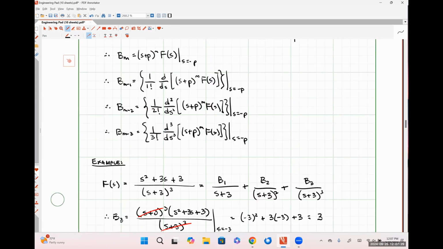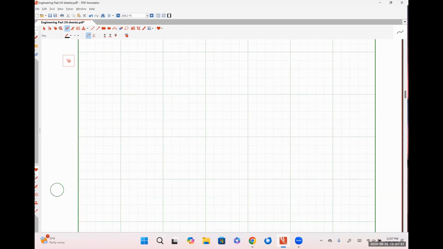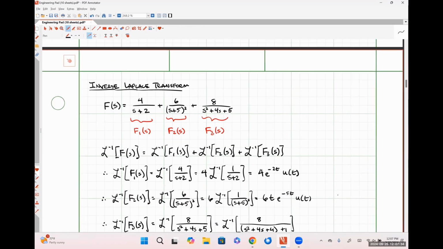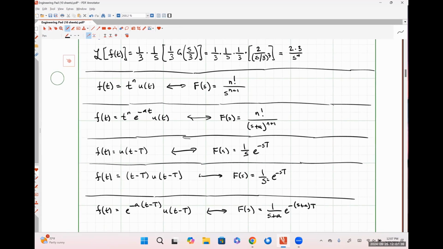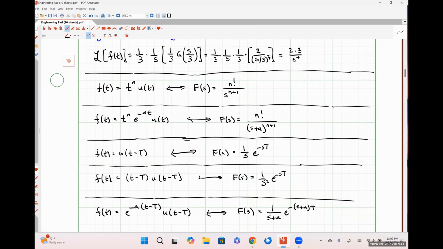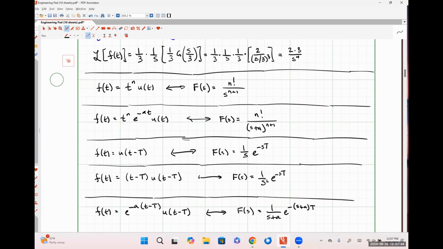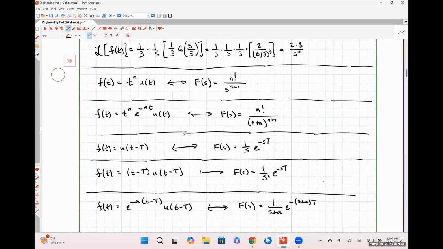Let's go back up here really quickly. We're using this one right here, because we have an s plus 3 to the third power, so n is very obviously 2. So we have an expectation of having a factor of 2 factorial, or 2, in the numerator.